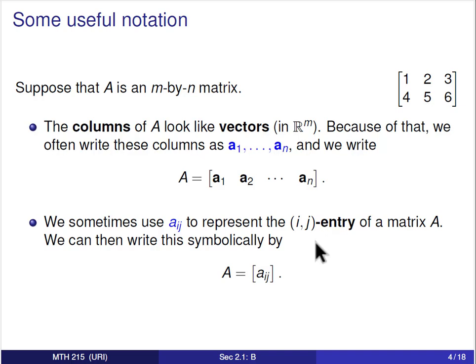And in this video, the new thing here is just the notation. Little a sub ij is another way of indicating that number. And if we write something like this, capital A equals brackets little a sub ij, what we're indicating is that this little a sub ij represents an entry from the matrix capital A.